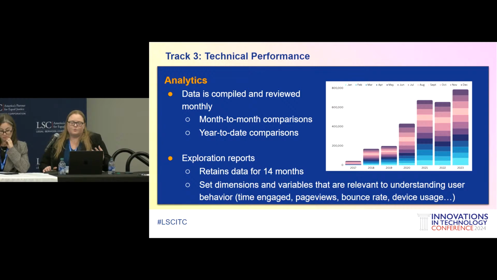We have really embraced the exploration reports that exist in GA4. One thing to keep in mind is your default setting in your Google property is set to 2 months of data retention. Make sure that's bumped up to 14. Those are your only 2 options, 2 months or 14.